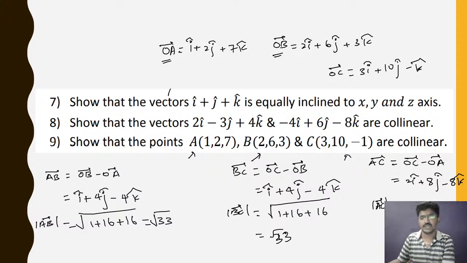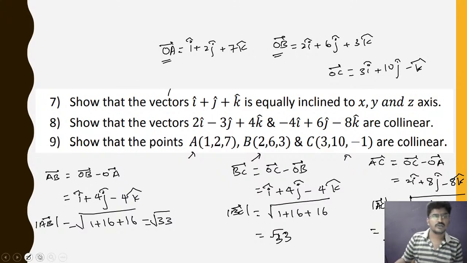Magnitude of AC: square root of 2 square is 4, 8 square is 64, minus 8 square is 64. Therefore 64 plus 64 is 128. 128 plus 4 is 132.